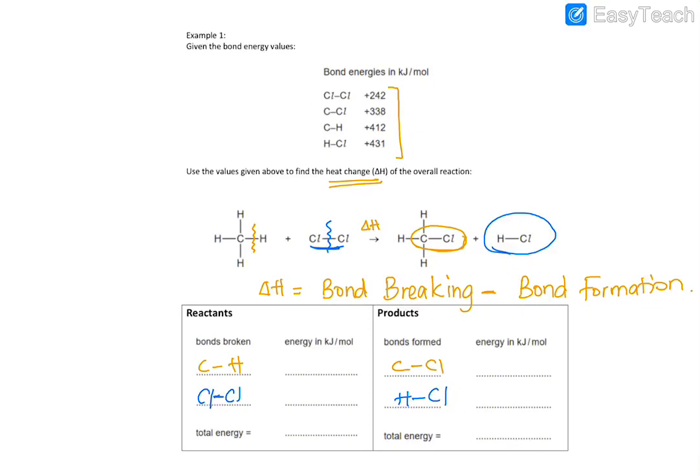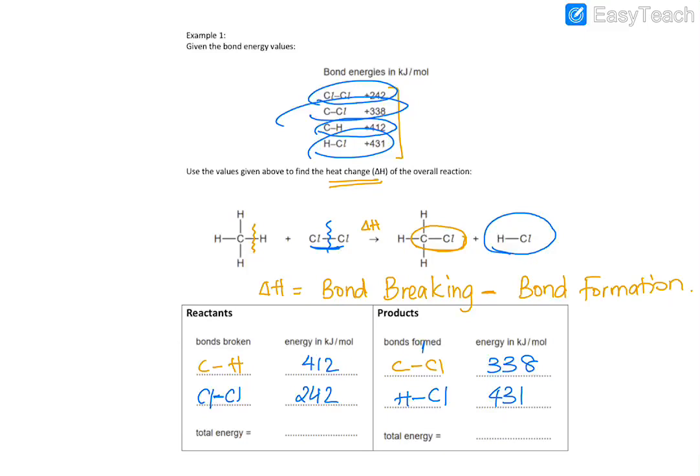So the C-H bond is 412 kilojoules per mole. The Cl-Cl bond is 242. C-Cl is 338 and H-Cl is 431. I will add these values.